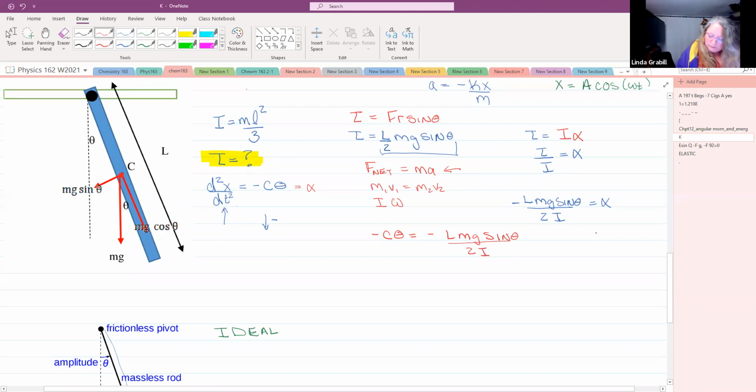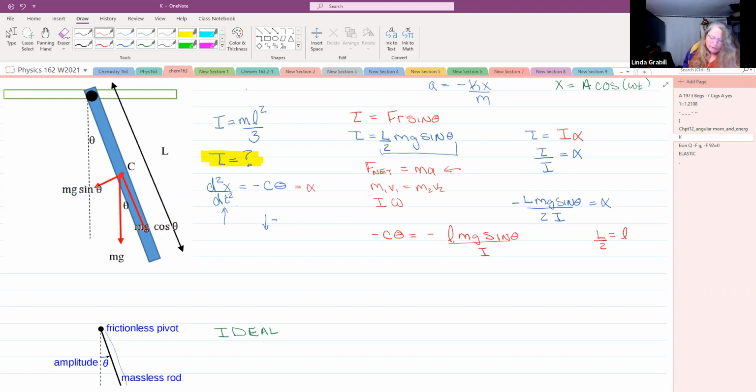Now, for simplicity's sake, to keep this generic, let's let L over 2 be the script L, because I just want to clean this expression up a little bit. All that's saying is that script L is the center of mass.